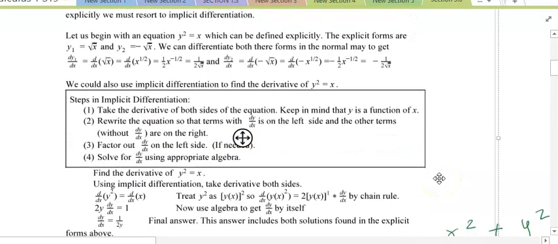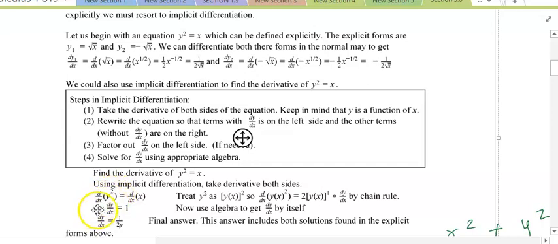For example, we use implicit differentiation to solve y squared is equal to x. We take d dx of y squared is equal to d dx of x. Then we take the derivative, treating y here as a function of x, just as we normally would with the power.